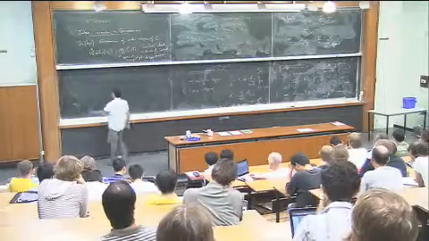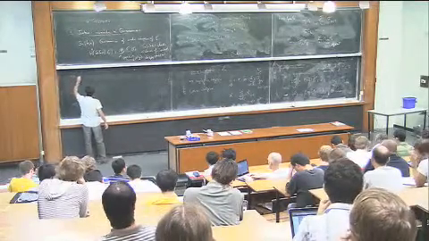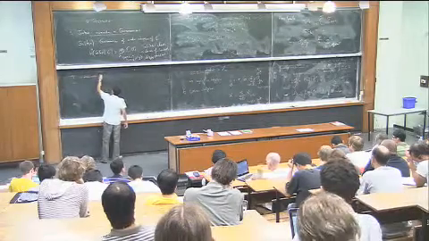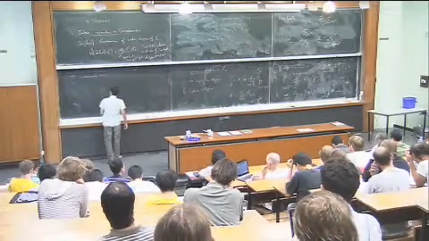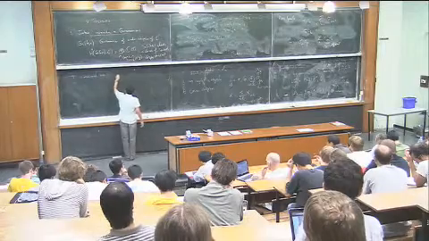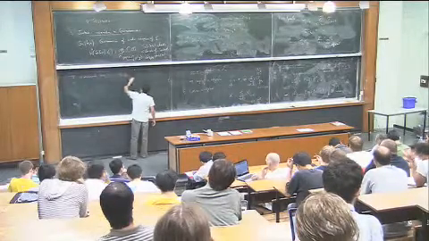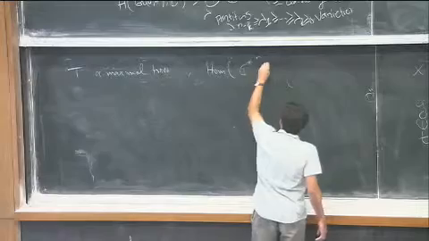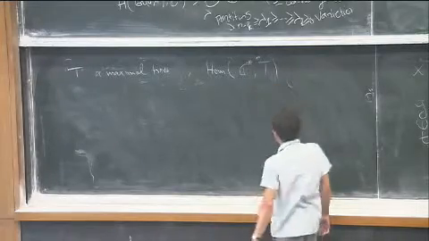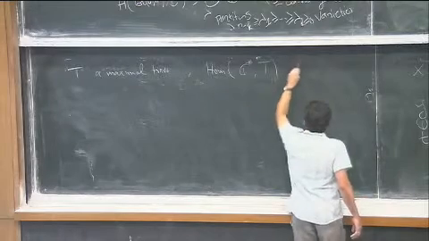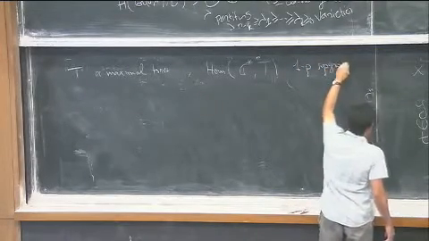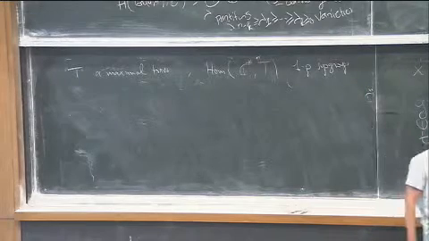So you fix T, a maximal torus, and the space of one parameter subgroups is naturally a subset of the affine Grassmannian.